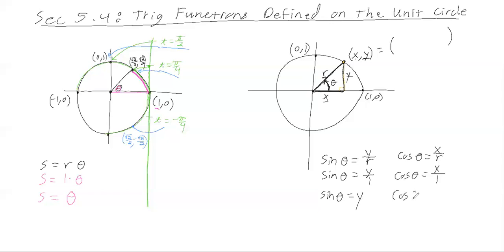So the cosine of theta is equal to x. What about the tangent of theta? If I look at this right triangle here, and I look at theta right there, wouldn't the tangent be y over x? Now that's of course where x cannot be equal to 0 because it's undefined there.